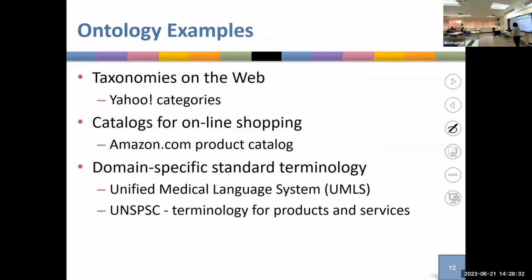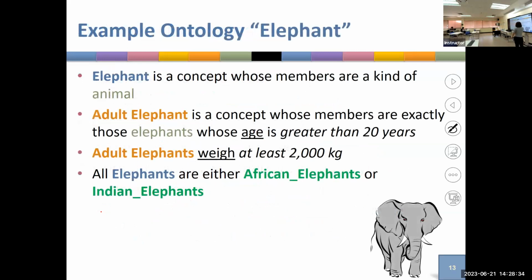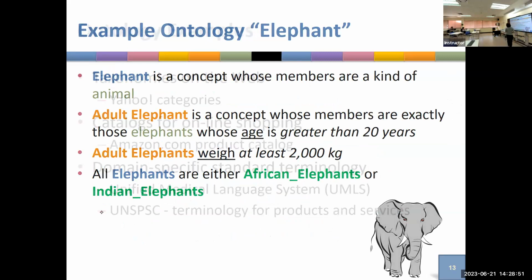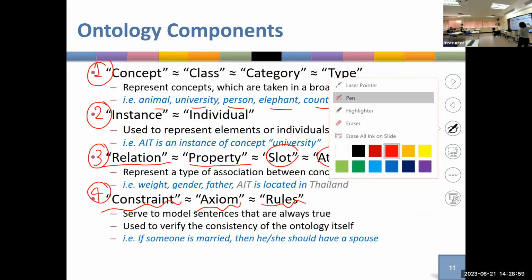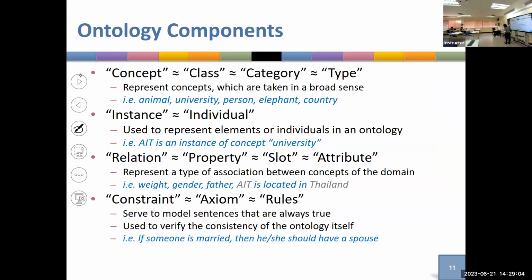I skipped something first. Okay. When we talk about elephants, I want to define an ontology related to elephants. My first question: is elephant a class, instance, relation, or constraint?